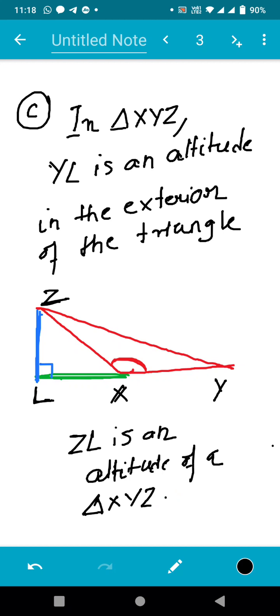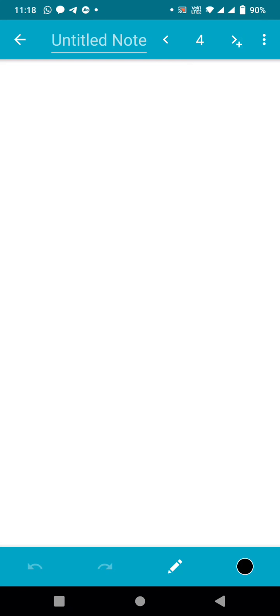Okay. Now let's move on to sum number 3, and let's see what we have in sum number 3. It's a very interesting question. So in sum number 3 we have: verify by drawing a diagram. Okay, again we have to draw a diagram, and we have to also verify what?